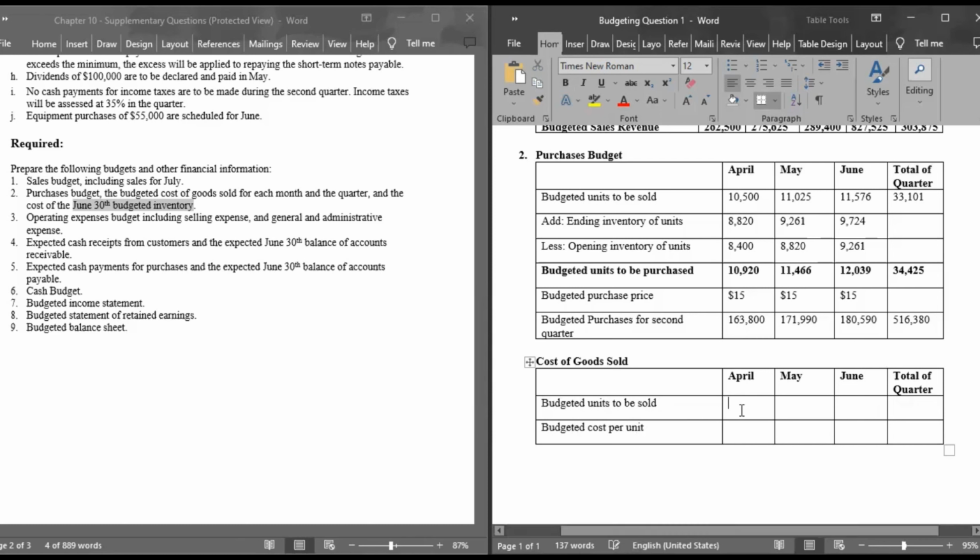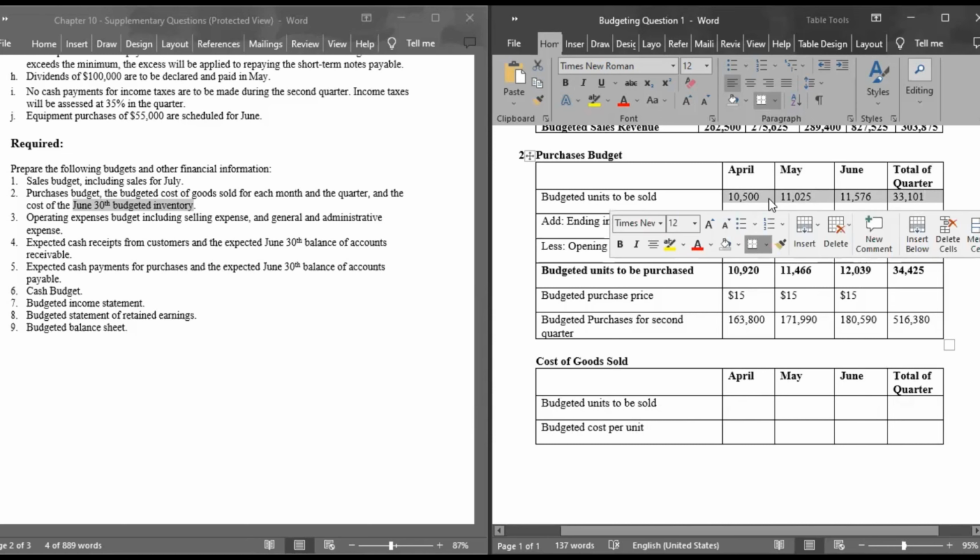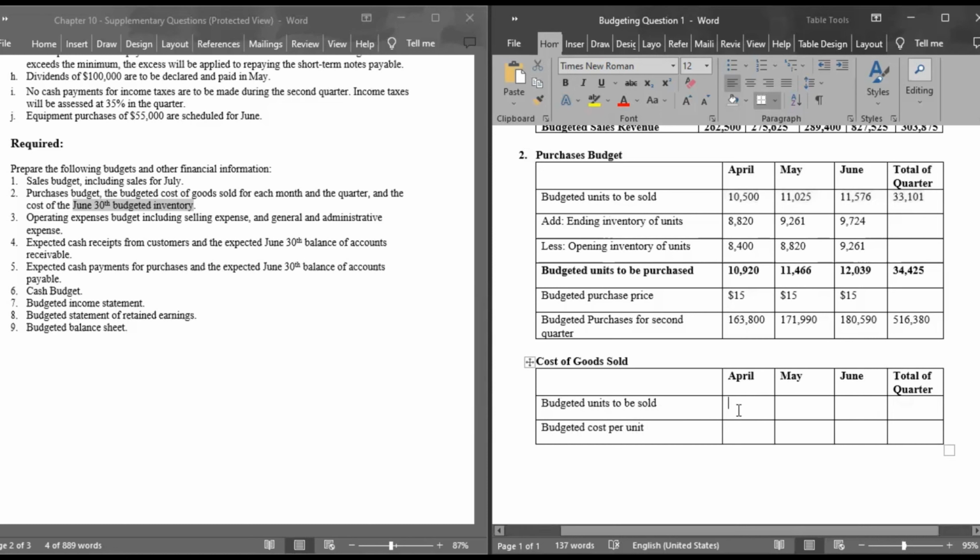In this question, we already have budgeted units to be sold. We have used the same units in the sales budget and purchases budget, so I am placing the budgeted units to be sold here. Next, budgeted cost per unit is $15.